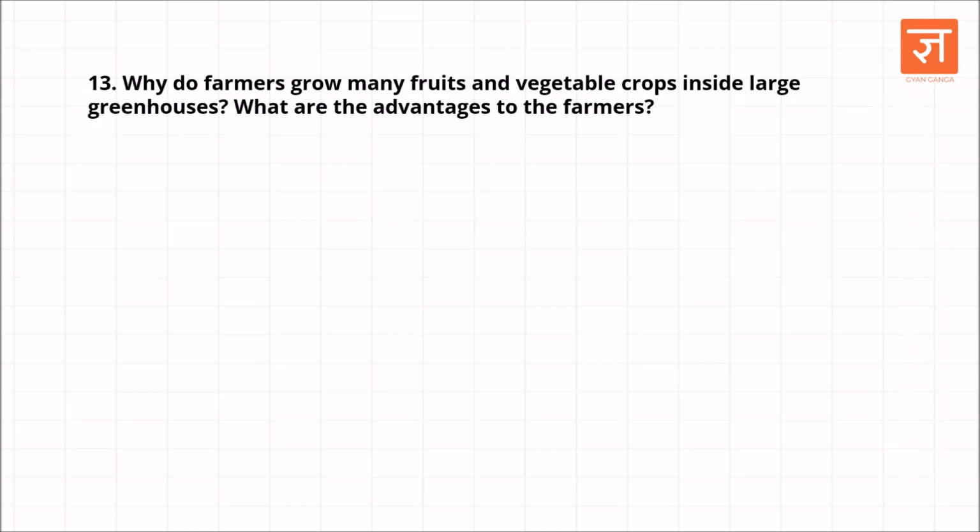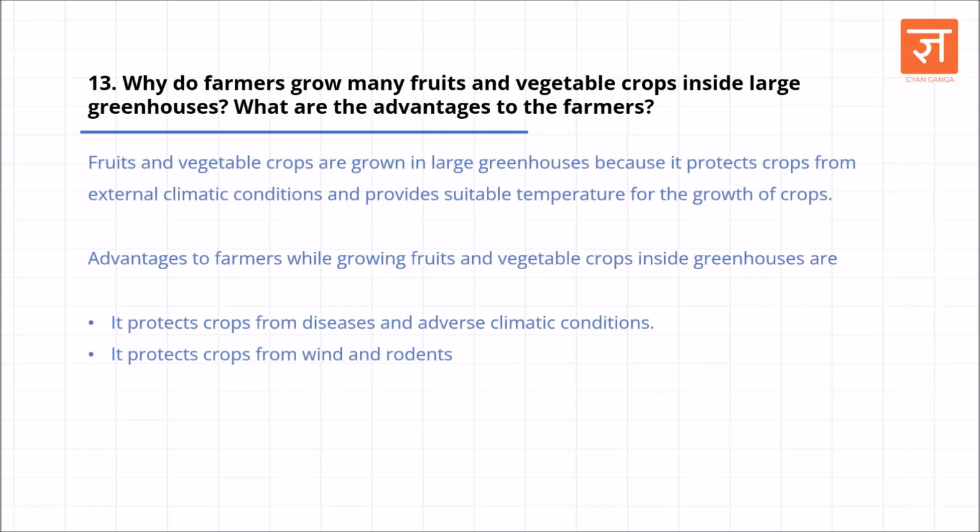What is the advantage? Fruit and vegetable crops are grown in large greenhouses because it protects crops from external climate conditions and provides suitable temperature for growth. Advantage क्या है? It protects crops from diseases and adverse climatic conditions. It protects crops from wind and rodents.